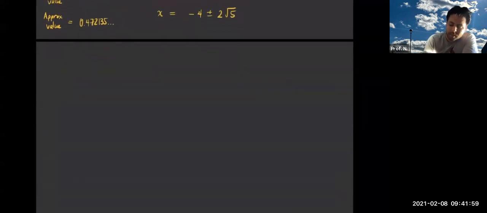And this is what's called solving quadratic inequalities.